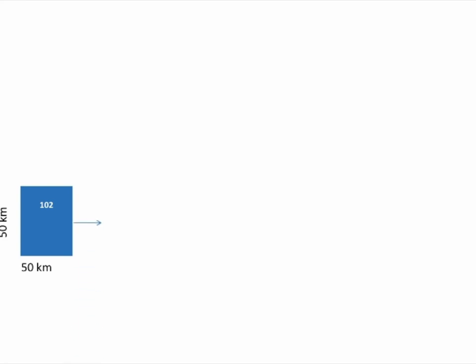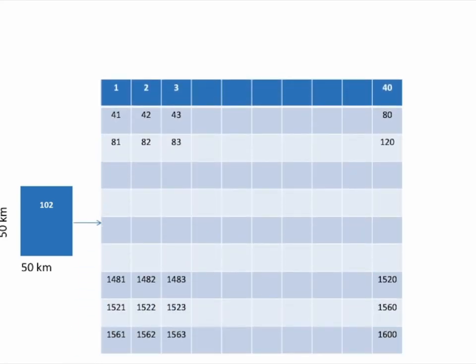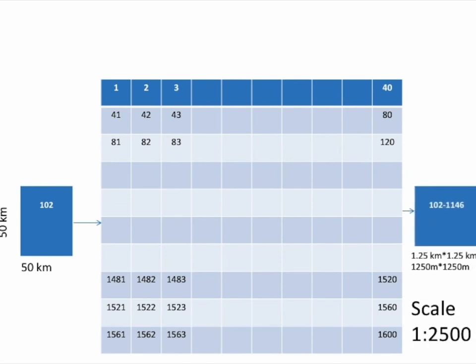It is further divided into 1 to 1600. You can see here it is further divided into 1 to 1600, and it is written in such a fashion: 102. If it is in 1, then I will write 1. If it is in 1600, then I will write 1600.